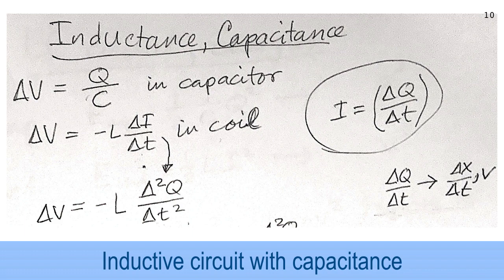I'm going to write this down as delta squared Q over delta T squared. And that's this term right here, because this is my I. That's the formal definition for I. And that's delta V for the coil.